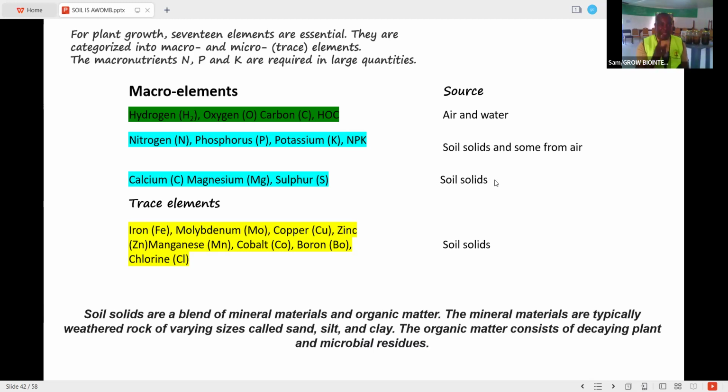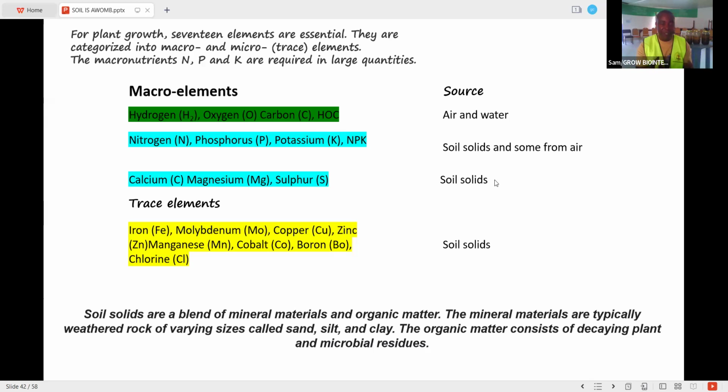Number 1, calcium is the one that brings together elements. Number 2, calcium is the one that gives us the aroma of our food, aroma in the plants. For example, onions or tomatoes. That aroma that is in onions, that aroma that chokes your eyes, is brought about by calcium.